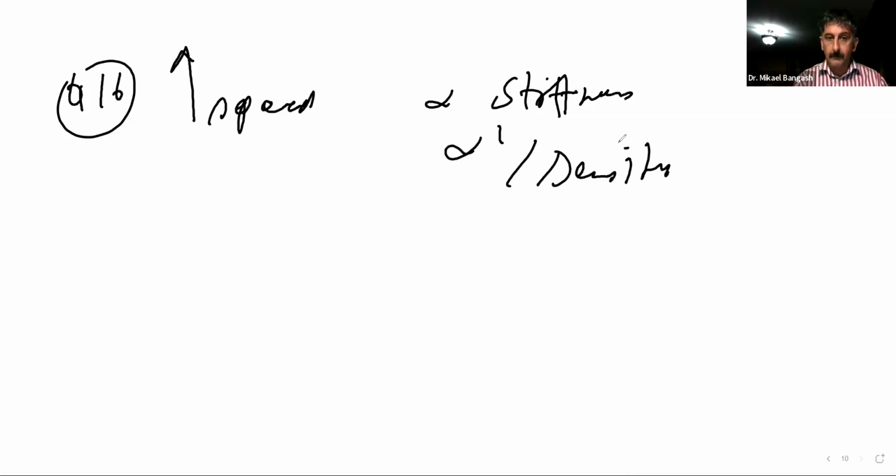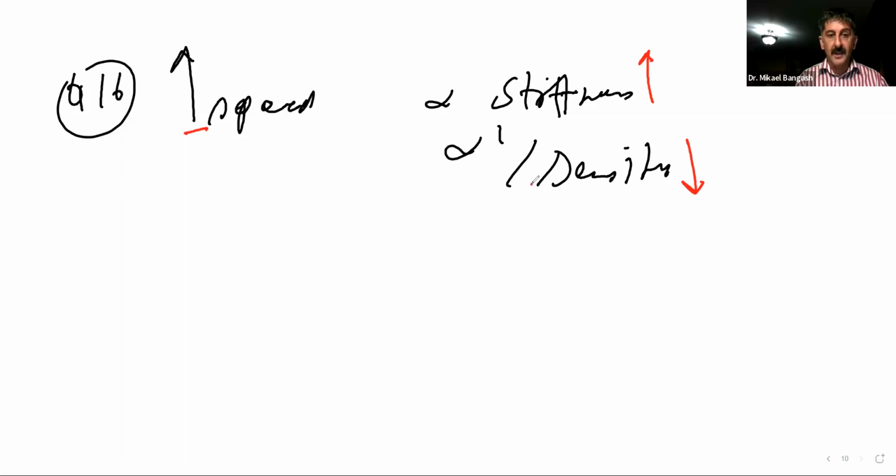Clear? Which means that when we are looking for the highest speed, we need to choose the one with the lowest density, which is B and D. And then you go on with the next one: the highest speed is going to be the greatest stiffness because they were directly proportional.